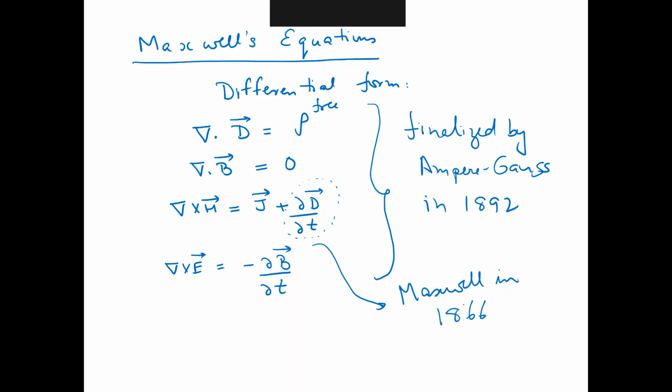However, because he was the one who was able to identify that a changing electric field has an effect on the magnetic field. Nature loves symmetry. So that symmetry should be present in nature. And he went about looking for where can I find that? Because of the contribution of del D by del T, we still give credit to him.